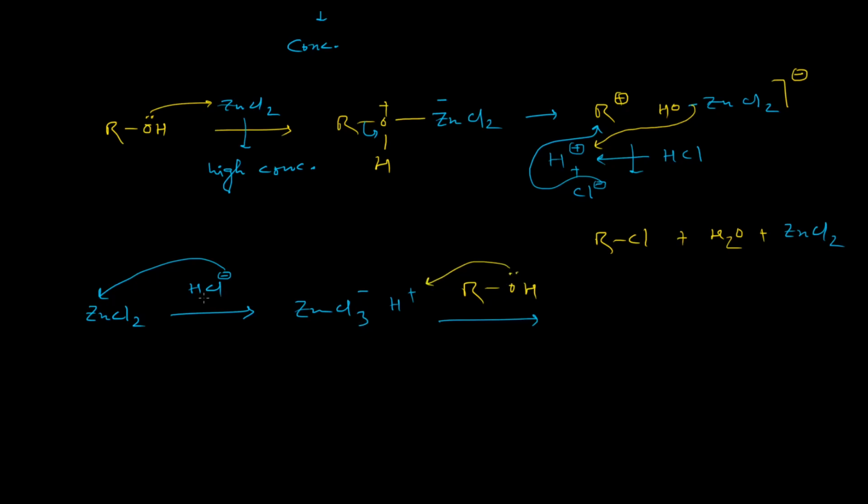So here the acidity of this HCl is greatly increased via this type of coordination between the Cl minus of the HCl and the zinc center of the zinc chloride salt.